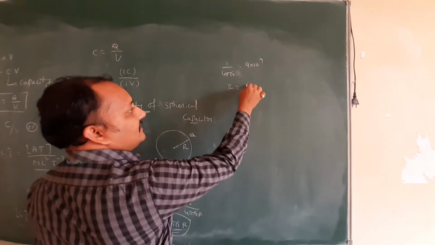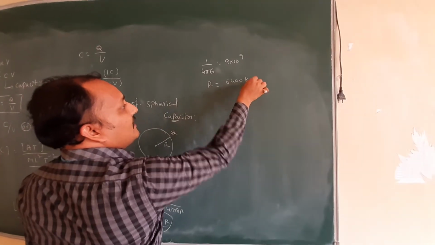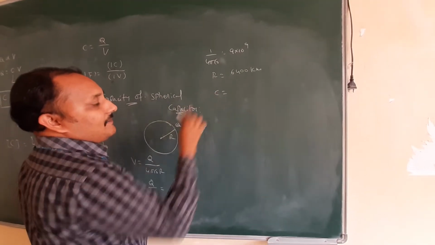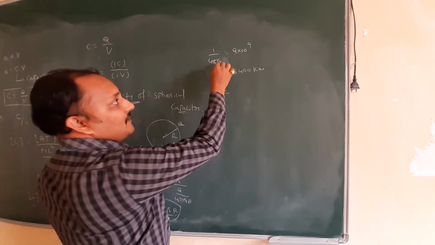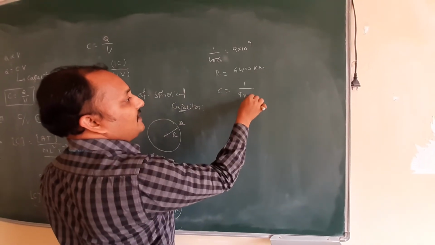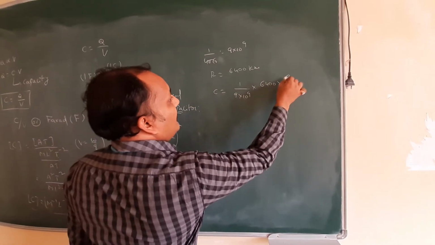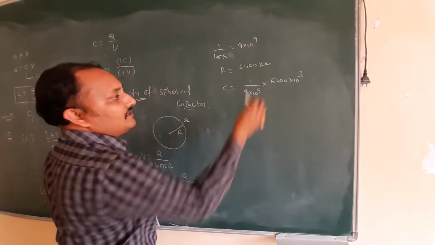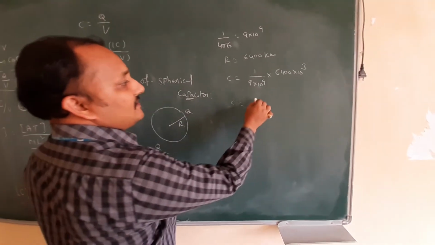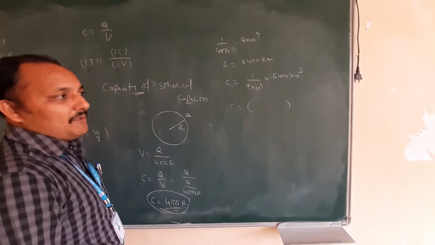Radius of the earth is 6,400 kilometers. Therefore, capacity of the earth C is equal to 1 by 9 into 10 power 9, times 6,400 into 10 cube. We are converting kilometers into meters. This is a very small value we will get.